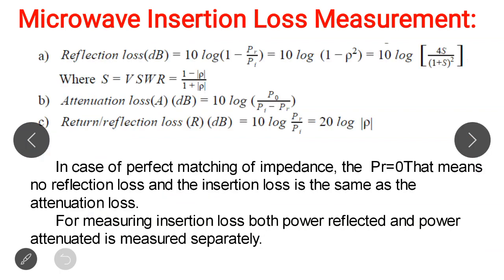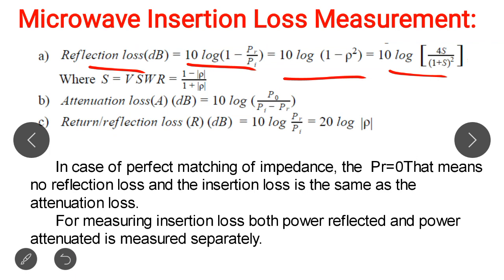Now from the above equation, the reflection loss in dB is written as 10 log of 1 minus PR upon Pi, which can be written as 10 log of 1 minus rho square, that is 10 log of 4s divided by 1 plus s square.